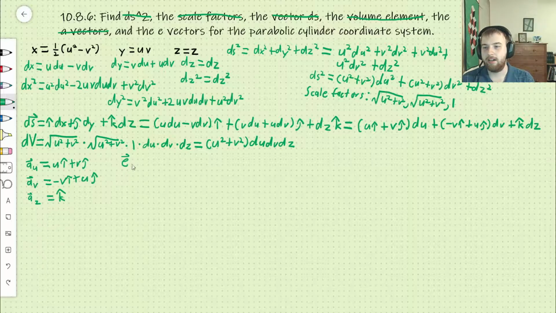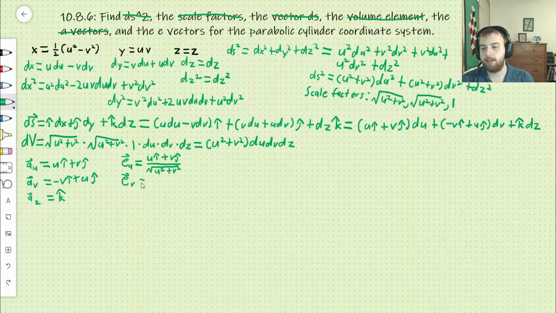So for our E vectors, the last thing we have to do here, these are our unit vectors. So they're just our A vectors divided by our scale factors, which means that it's ui plus vj over square root u squared plus v squared.